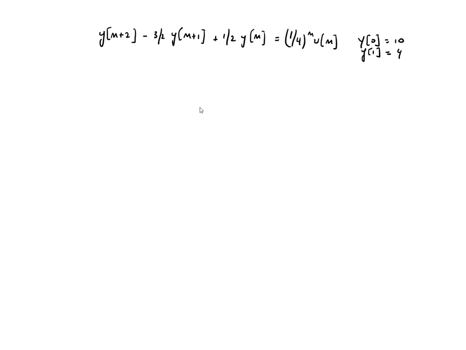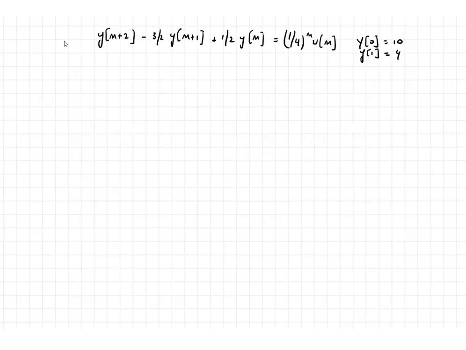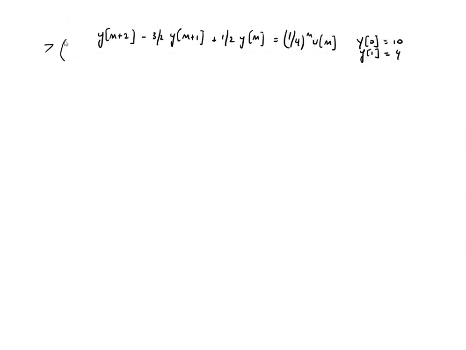And here we have a difference equation, but we shift to the left, so we will work with the variable z. Okay, so if we go to the z domain, we will have, well, z squared, right? And what is in index 0 will end up in index minus 2, so we'll have to subtract it.